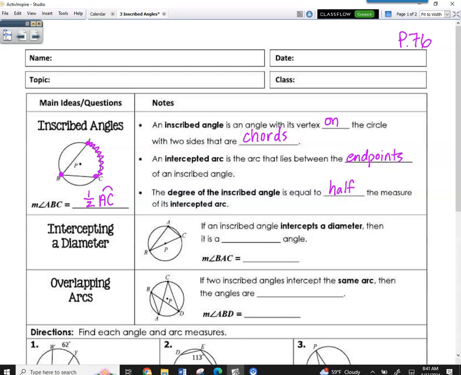So if you're going from the angle equals half the arc, we could reverse it and say the arc equals, what's the reverse? If the angle equals half the arc, go in reverse. What's the opposite of half?